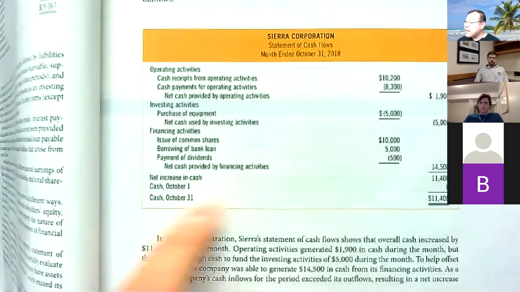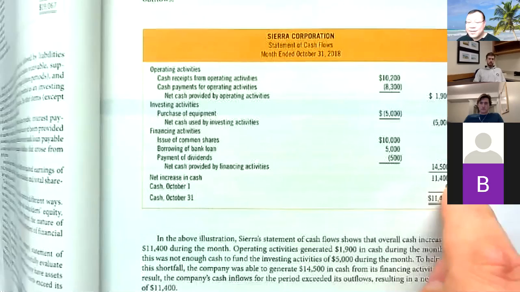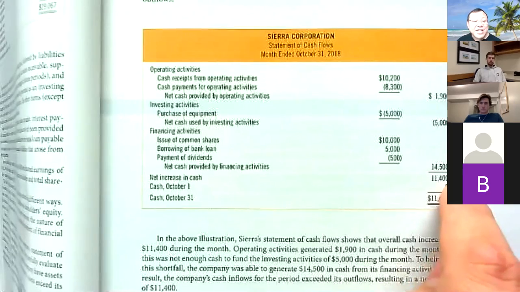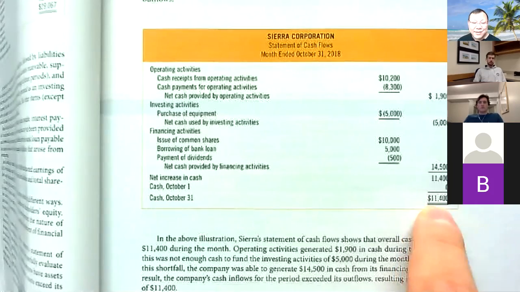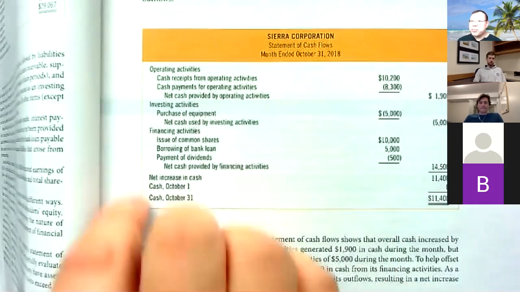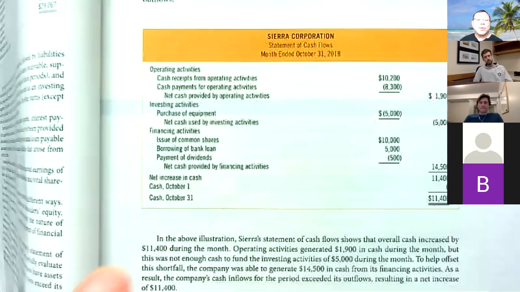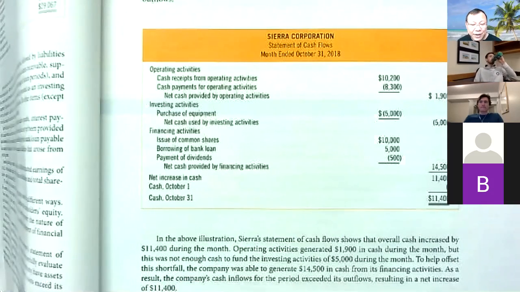Your opening cash plus the change is your ending cash, 11,400. You see this number. In order to prepare this statement, you have to have the other three statements prepared. So the point here is, you do not start randomly with any statement. You have to follow this order.